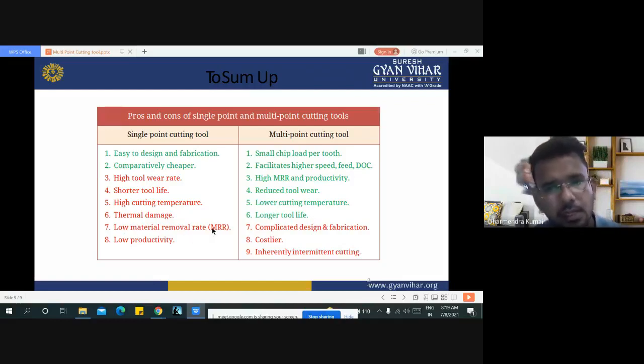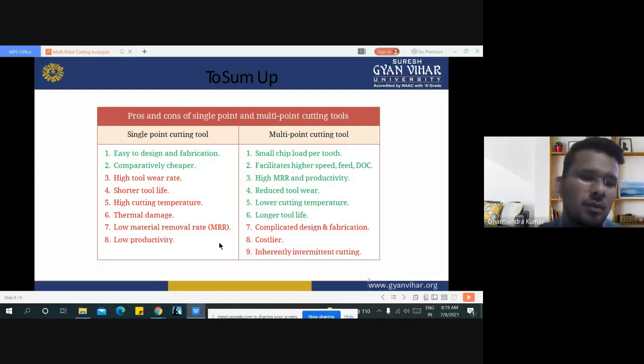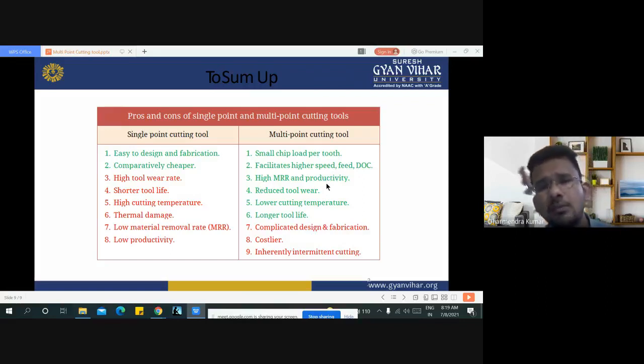The single point cutting tool provides low material removal rate, MRR, and the multi-point tool produces high material removal rate and productivity, or we can say that the rate of production is high when we use a multi-point cutting tool.